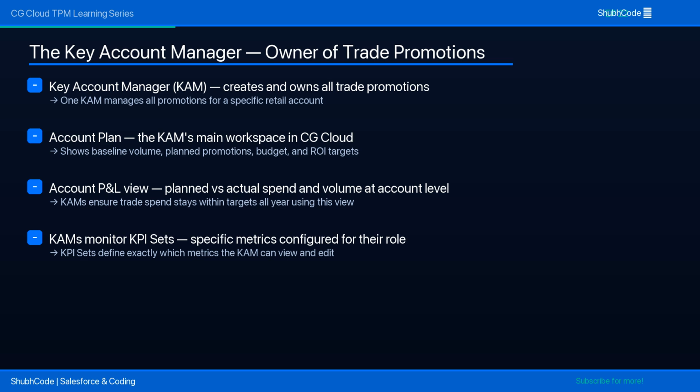The account plan gives a full picture: baseline volume, planned promotions, total budget committed, and how all of that compares to annual targets. It's their financial dashboard for the account. From the account plan, they create individual promotions, track performance, and make adjustments throughout the year.